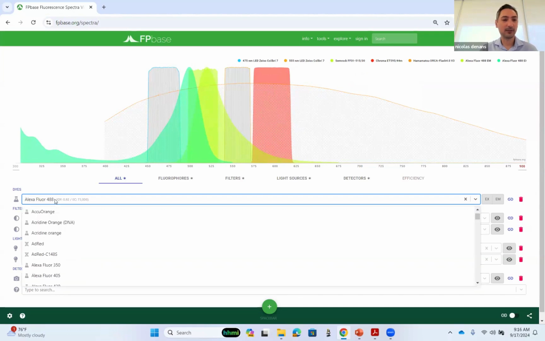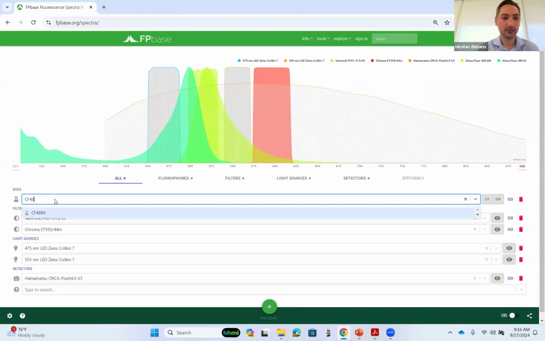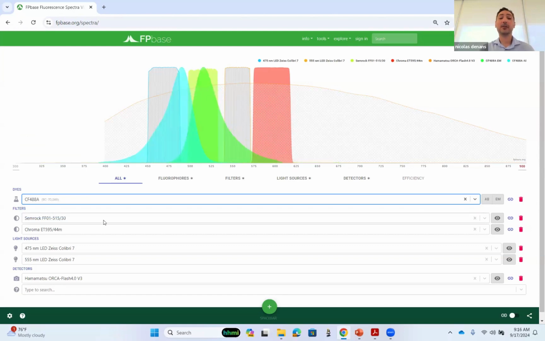Let's look at a CF dye, a CF488. Now the peak of excitation is a little bit more on the blue side, on the cyan side, and it's about 490. So you can see that we can excite this CF dye a lot better compared to the Alexa 488.